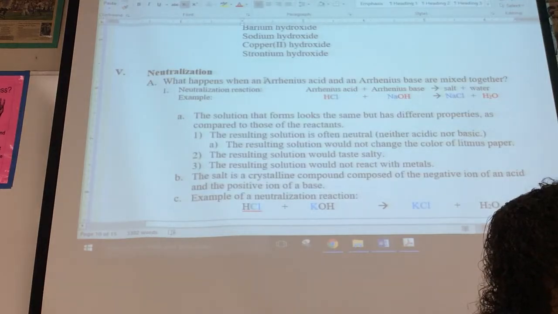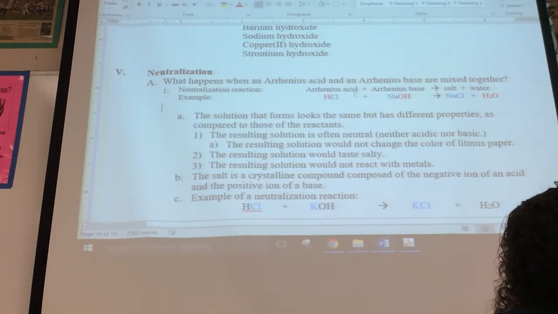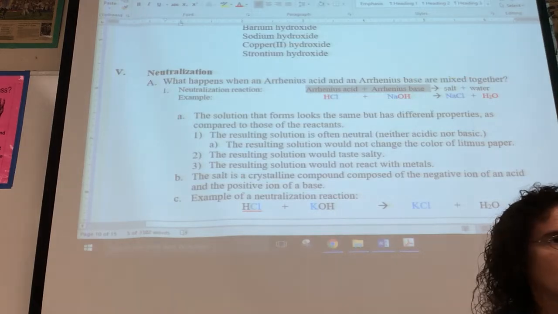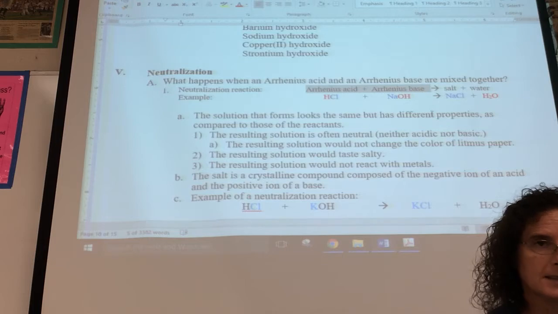What we're going to look at here is what happens when we react an Arrhenius acid, one that generates proton ions, and an Arrhenius base, one that generates hydroxide ion. When you react an Arrhenius acid with an Arrhenius base, you have a double replacement reaction in which you put the insides together and the outsides together.